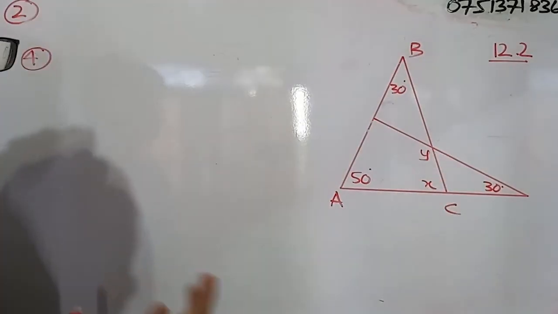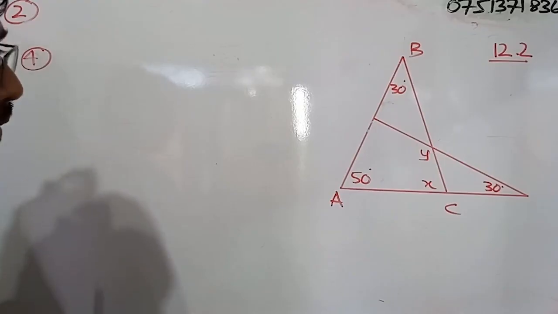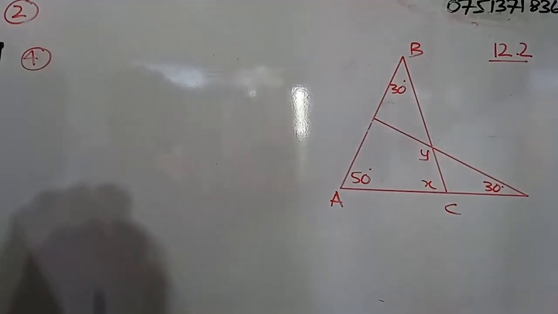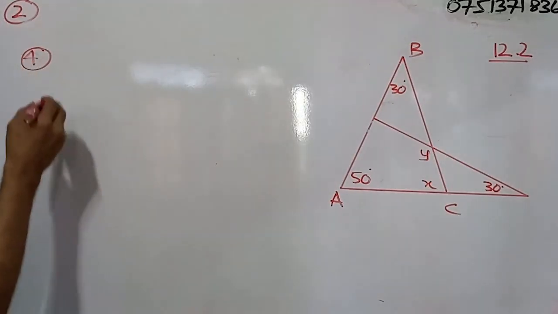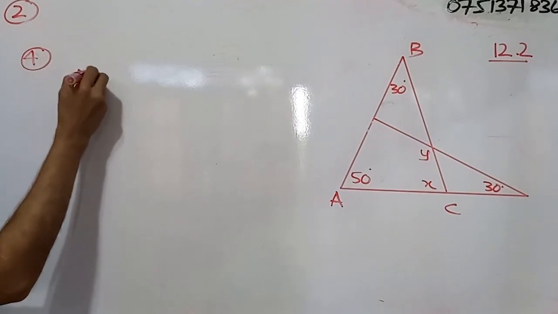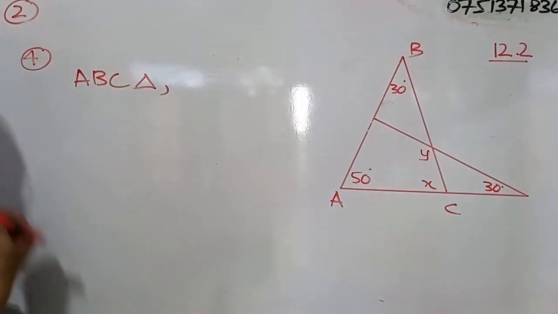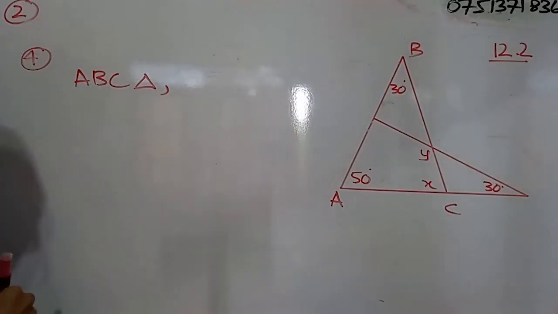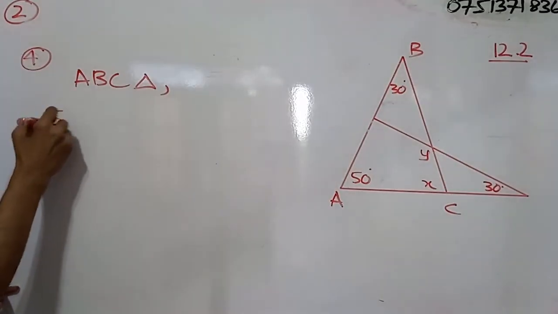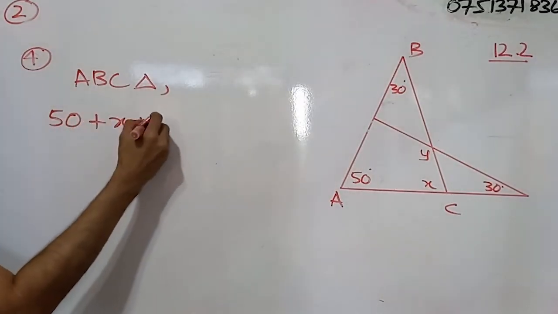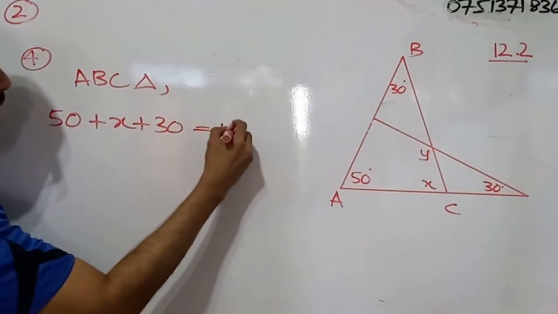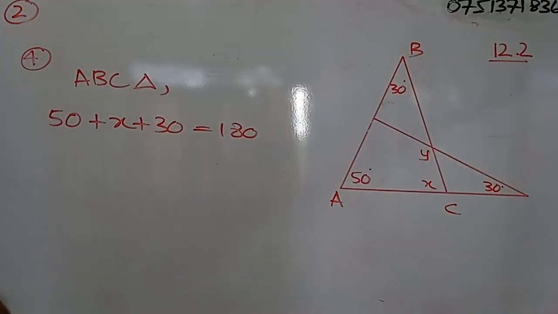We know the sum of internal angles of a triangle, that is what? 180. So we can write ABC triangle, right? So 50 plus X plus 30, that is equal to 180 degrees, right?